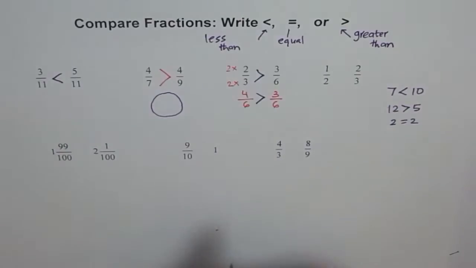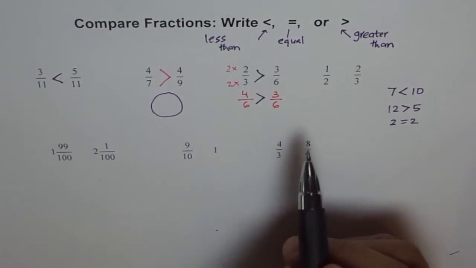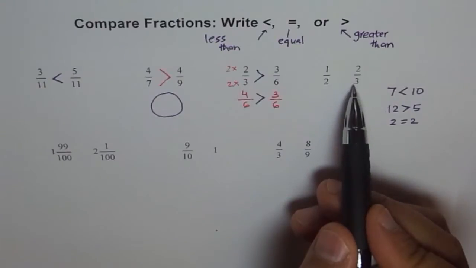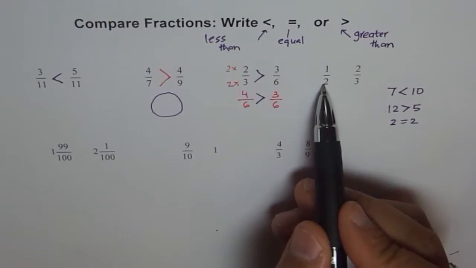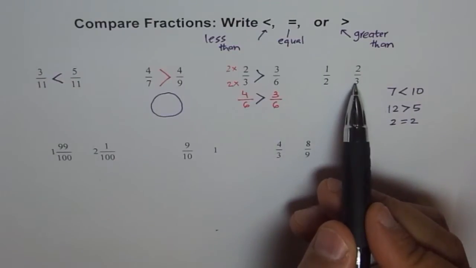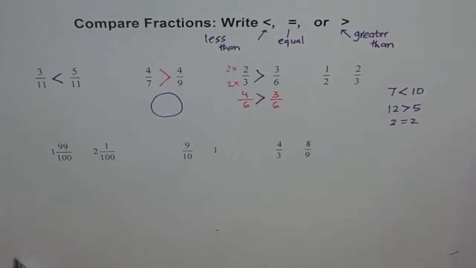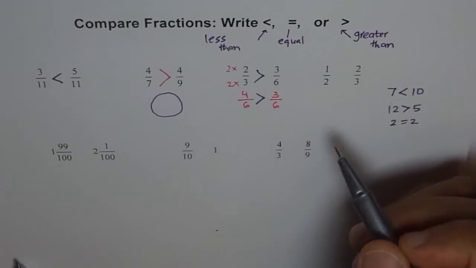Is it okay? Next type of question. Here, again we have different denominators. So we can make them the same by multiplying this by 3 and multiplying this by 2. We have another technique here. What we call that is cross multiply. And what is my cross multiply technique? It is the most useful technique to compare fractions.